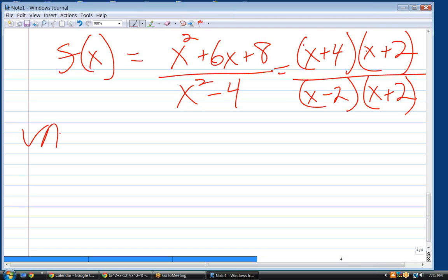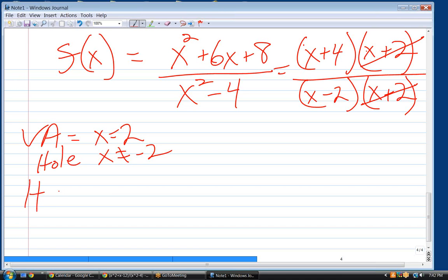Vertical asymptotes: 2 or negative 2? No, this is a case where this factor crosses out that factor. So it leaves me with only a vertical asymptote at 2 and a hole at minus 2. That's the way to write that. That's a hole.